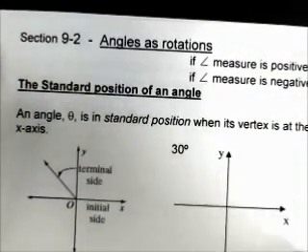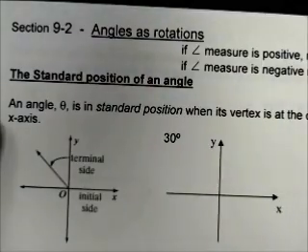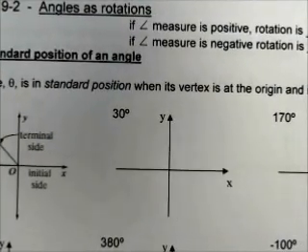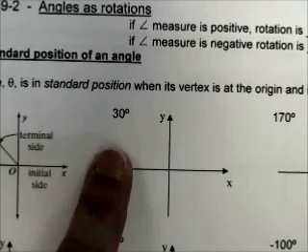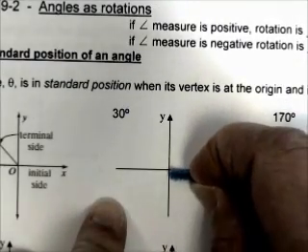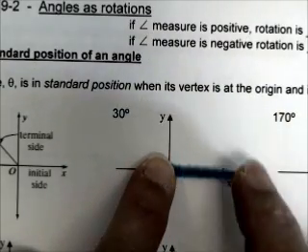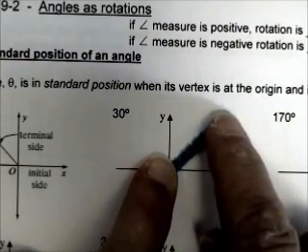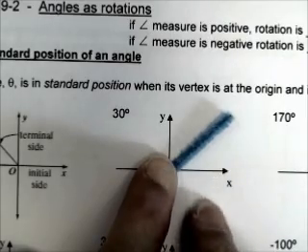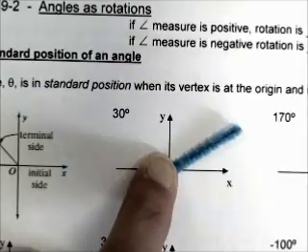All right, so what we want to do is simply draw some angles. So let's draw an angle of 30 degrees. We start with the initial side here on the positive portion of the x-axis and 30 degrees. We know halfway between the positive x and positive y would be 45, so we're a little less than that.